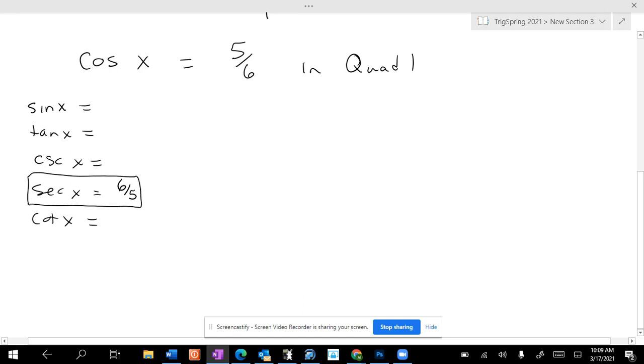Okay. Now I know both cosine and secant. To figure out sine, I can use a Pythagorean identity. So what's my Pythagorean identity? Well, I know that sine squared of x plus cosine squared of x equals 1, right? So I can say sine squared of x plus 5/6 squared equals 1.